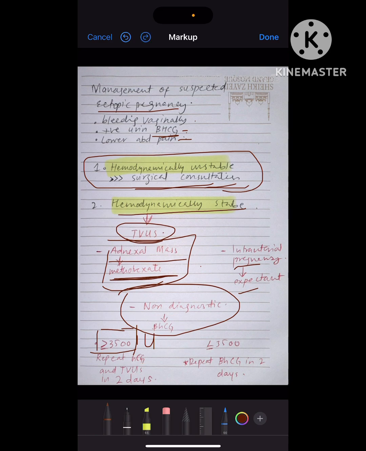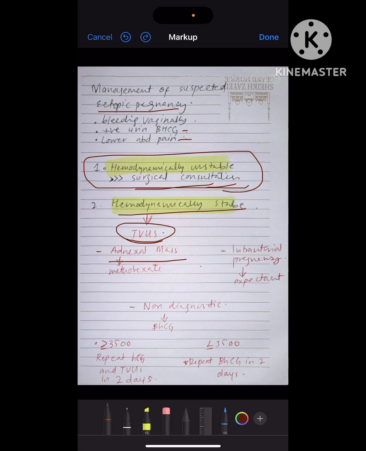In the repeat beta HCG levels, what you look for is a 35% increase in HCG level. Okay, so 35% of 3500 is like 4,000 something, right? If the ultrasound and beta HCG in 2 days show that, then it means you have a viable pregnancy that's going to go on to become a fetus, and the person's going to have a normal baby.